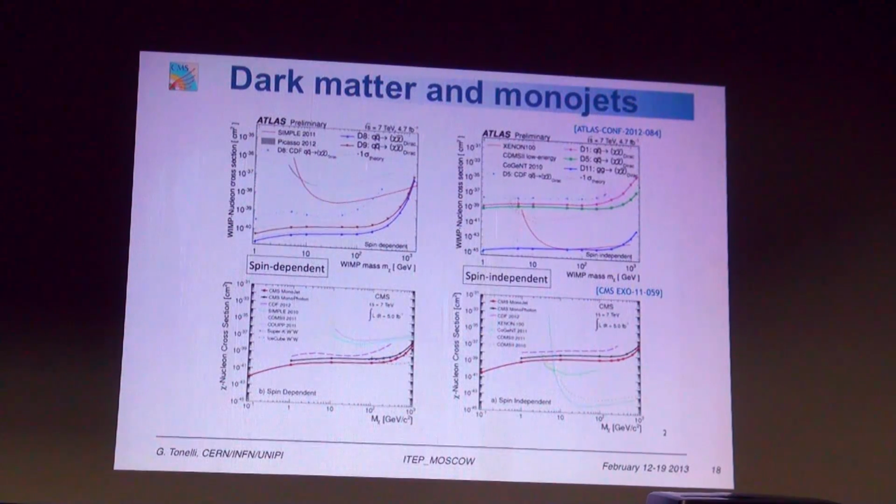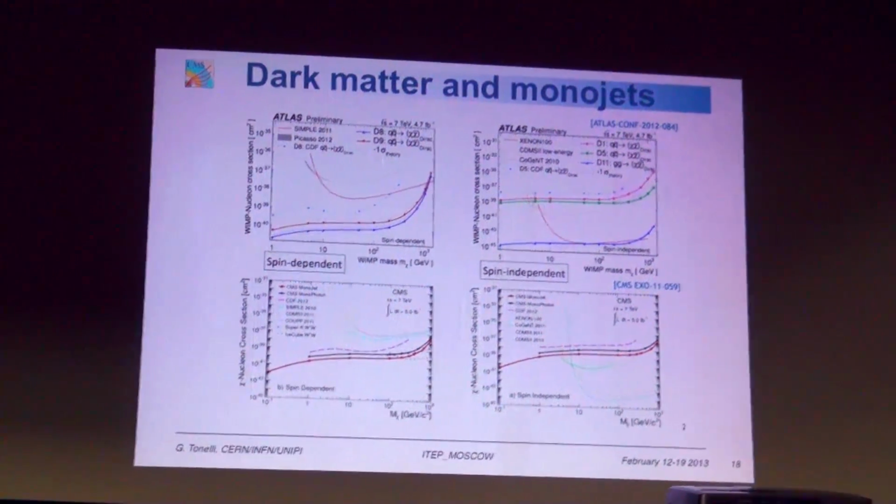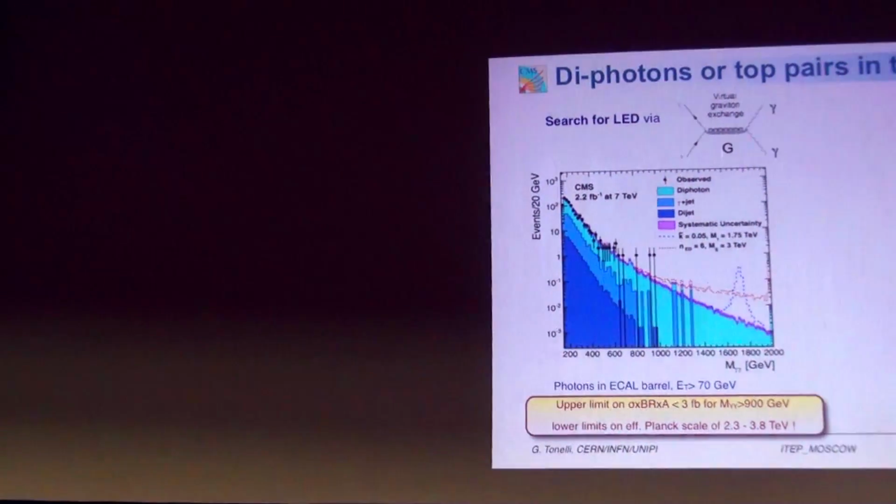Again, this was a relatively easy analysis based on tools that were developed to look for these exotic objects. This is another case, where you study diphoton, and you can have a graviton due to the excitation of large extra dimensions.